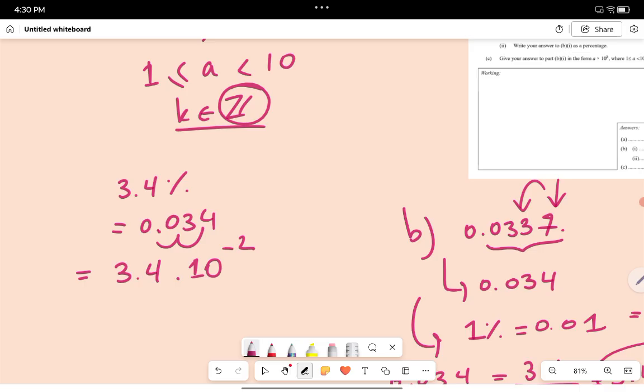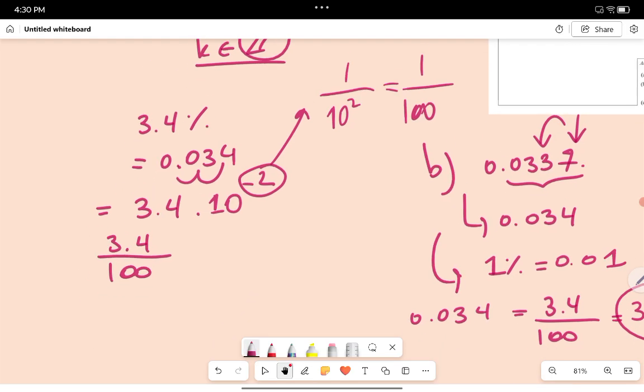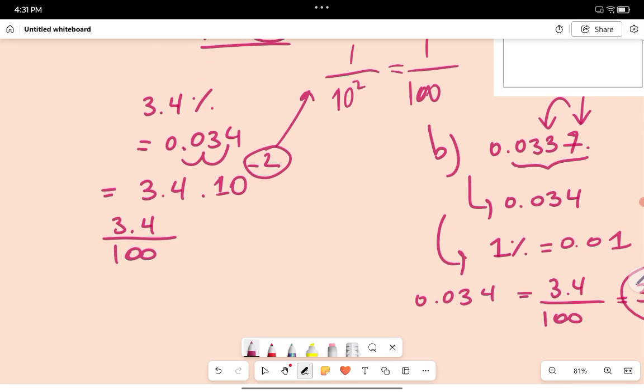It's 3.4 times 10 to the power minus 2, or 3.4 divided by 100. When we have a negative exponent, this means 1 over 10 to the power 2, so this is also 1 over 100. So we divide 3.4 by 100. So this is your answer to question C.